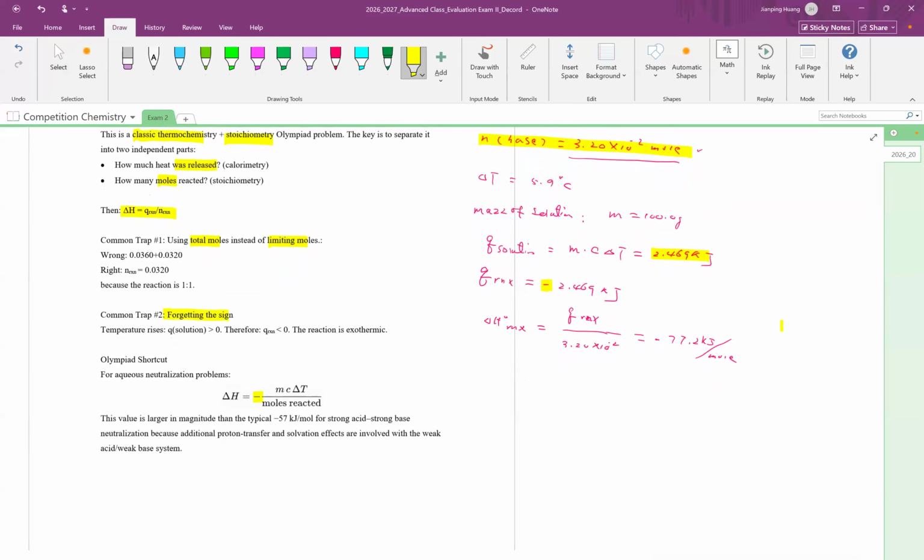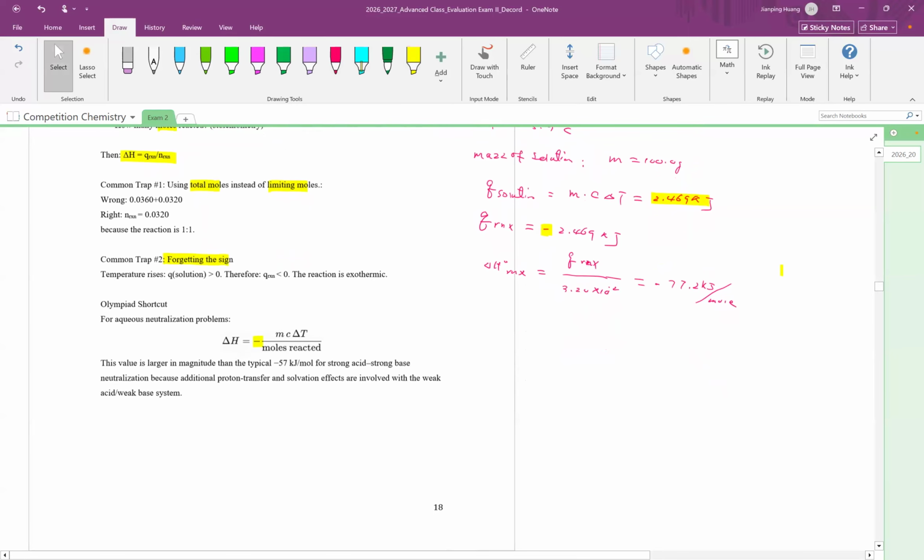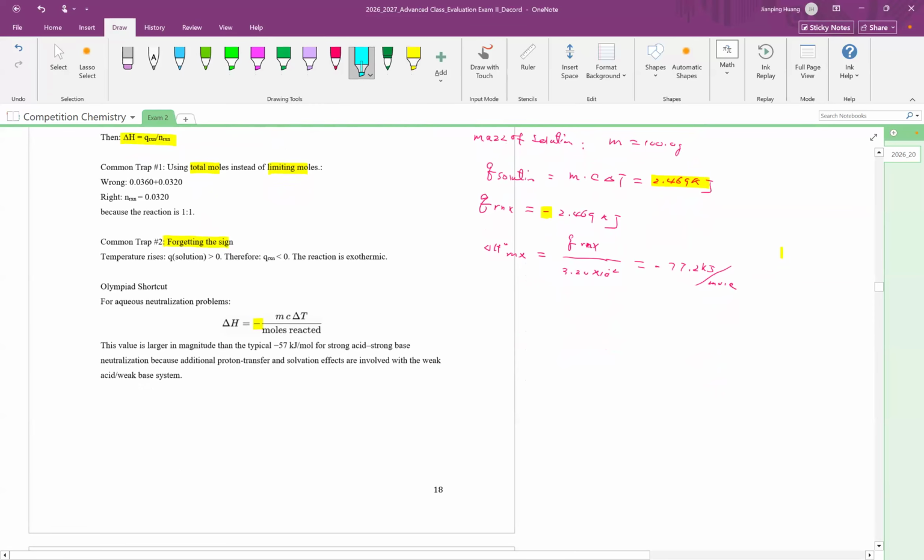Now, the last one, everyone, I believe you should know that. The value is large in magnitude, then normally it's 57 kJ per mole for a strong acid with a strong base, and it is minus.